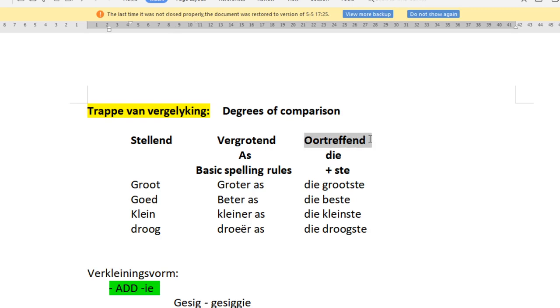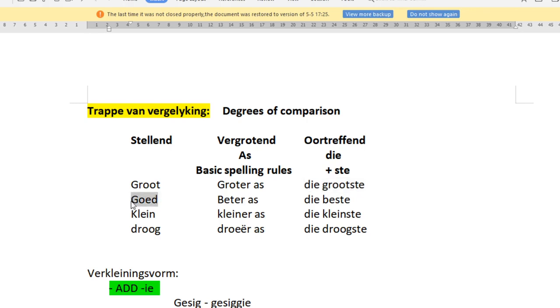Then oortreffende trap has got a D. We don't change the spelling at all, we just add STE. Okay, let's look at examples. Groot. Groter as. See, we took away one of the O's because we're adding an E. Groter as. Grootste.